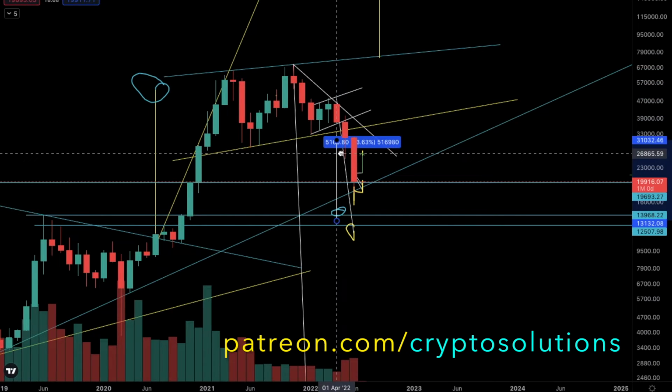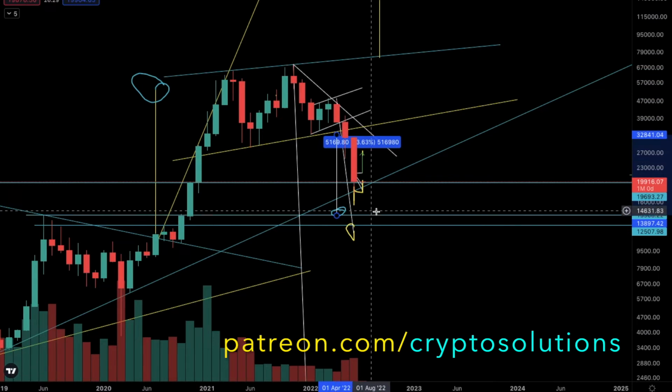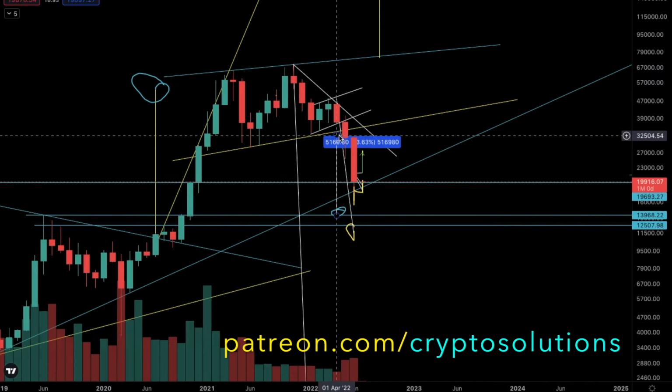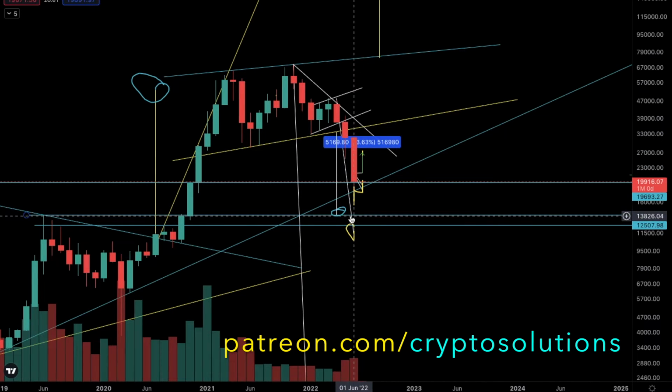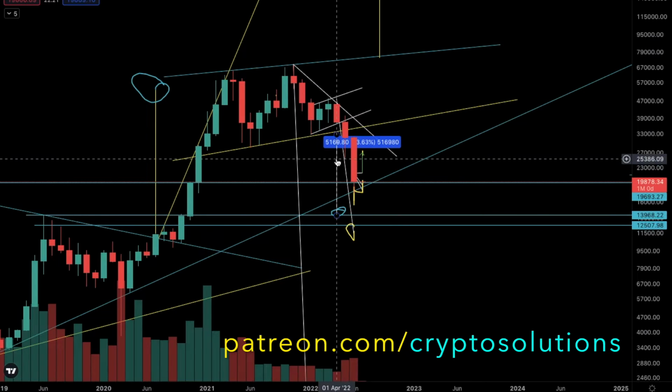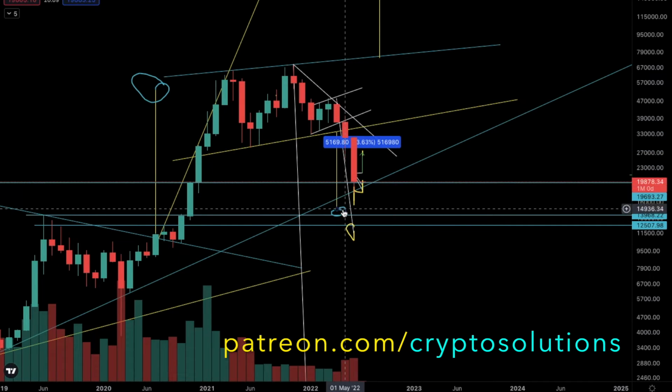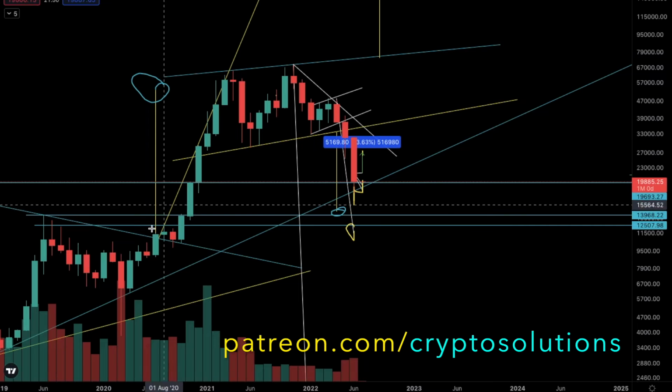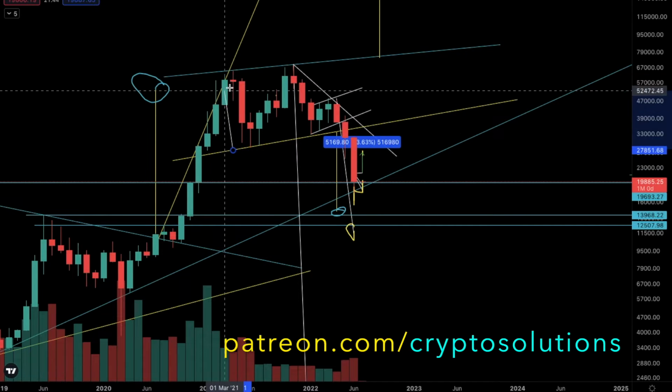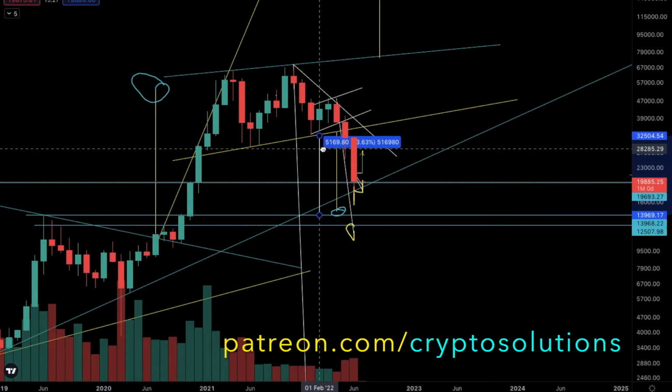Oh wow, look at that, boom, beautiful, to this exact previous resistance, which didn't get retested as support, and that adds more confidence that this price target will be most likely met, guys. You can see it right here, and boom, beautiful.